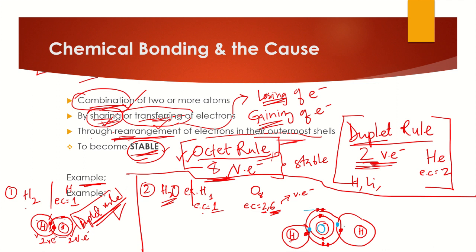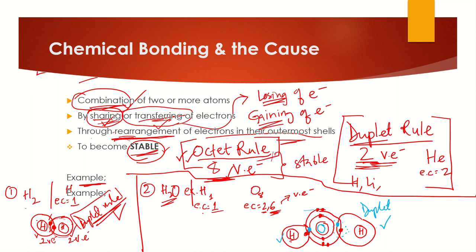This blue represents the electron of another hydrogen atom. If you look closely, you will find this hydrogen atom has already acquired 2 electrons in its shell, hence becoming stable with the duplet state.